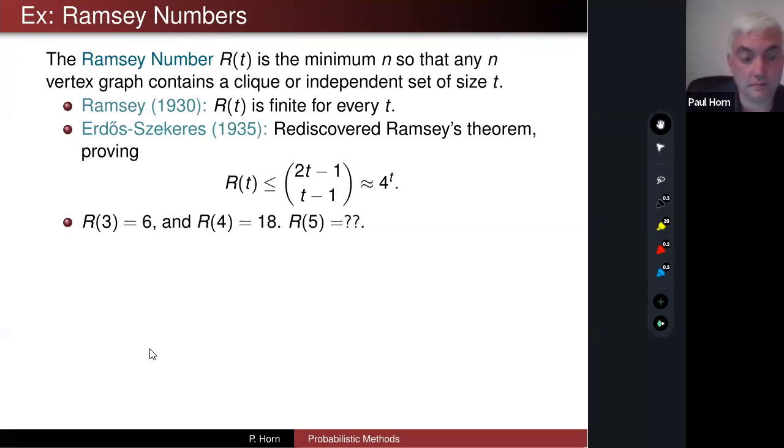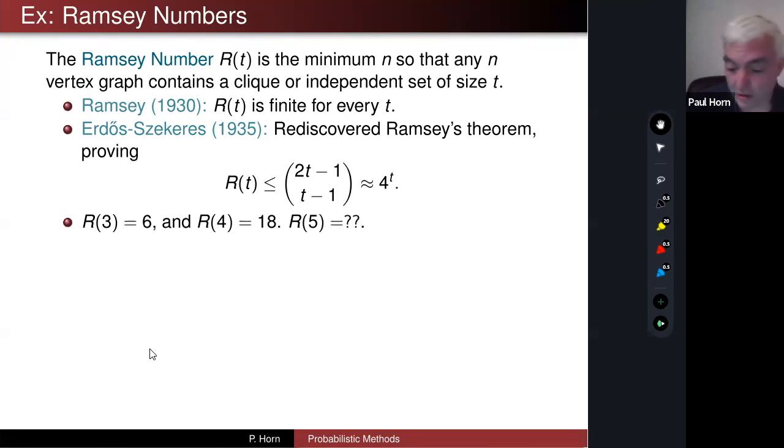All right. And Ramsey, giving this the name, proved that this actually exists. That if I take a large enough n, I will always have a complete or empty subgraph as large as I like.